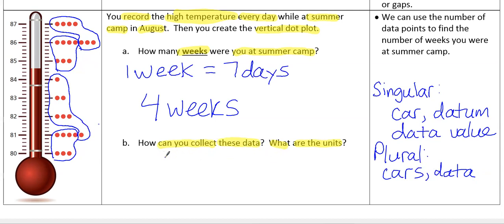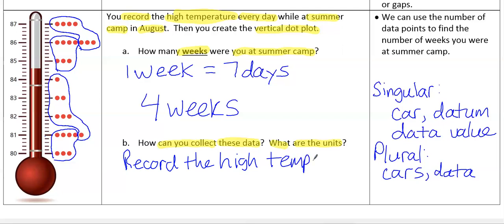Okay, how can you record these data? Well, you record the high temperature each day, high temp each day, right?